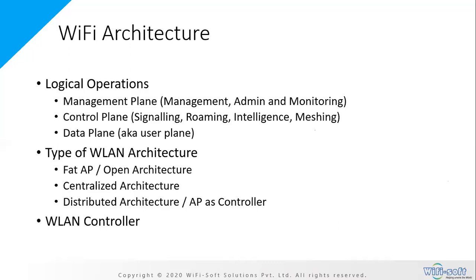So that's when the concept of a controller came in, right? Then a lot of research happened over it, and a lot of new architectures have popped up. We'll discuss that shortly, but before that, let's get into the management plane, control plane, and data plane.